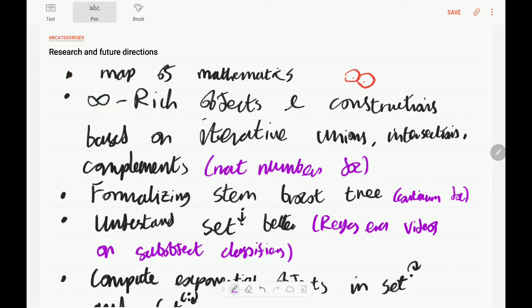That would be an object which, for any finite object, there's a sub-object of that one which is isomorphic. There's a sub-object of your infinitely rich object which is isomorphic to the finite object. And if you take that infinite object, you can talk about its sub-objects, and you can do unions, intersections, and complements on those sub-objects.